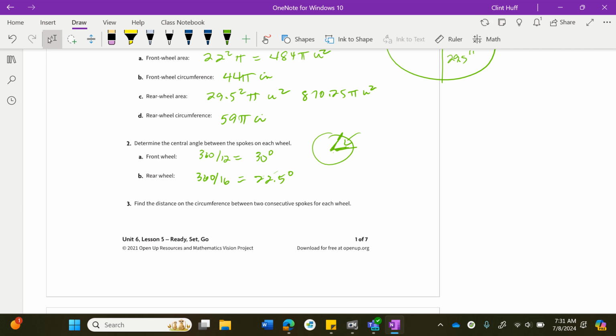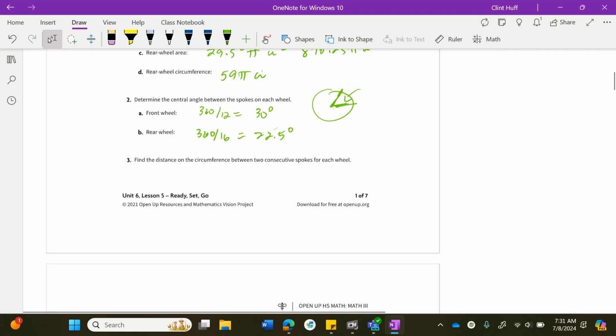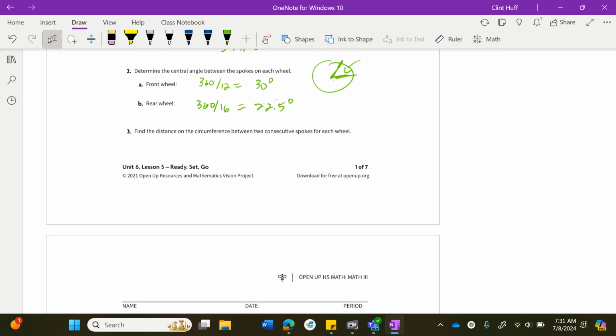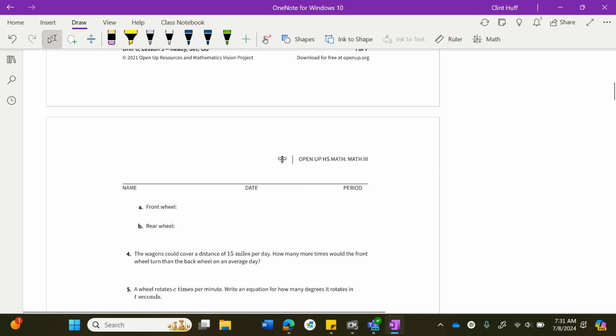Find the distance between 2 consecutive spokes. So on the front wheel, we had a circumference of 44 pi. That's all the way around.